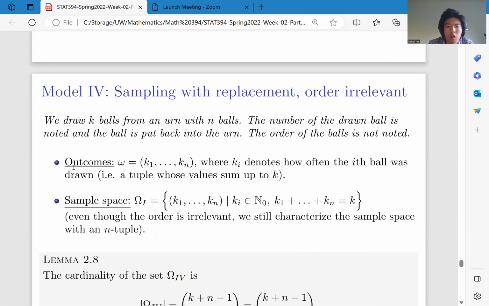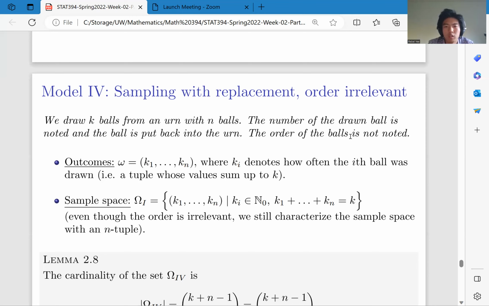So we denote the outcome as a tuple where Ki denotes how often the ith ball was drawn. This means if you draw ball number 3 five times, then K3 is equal to 5.